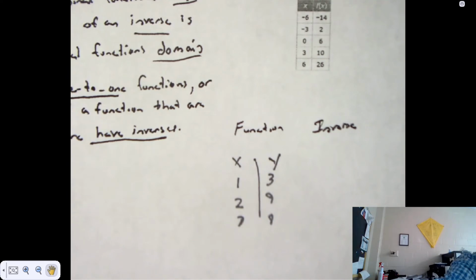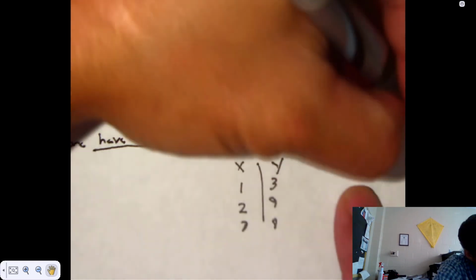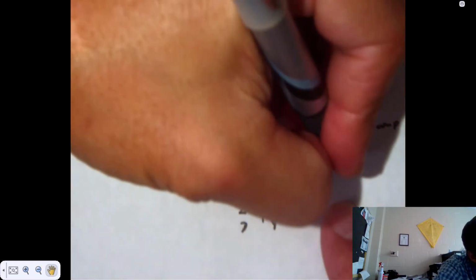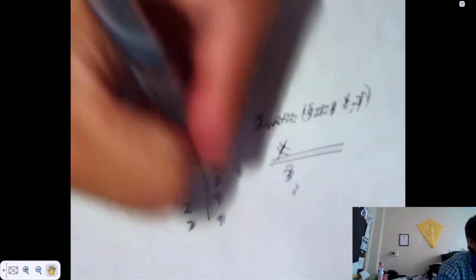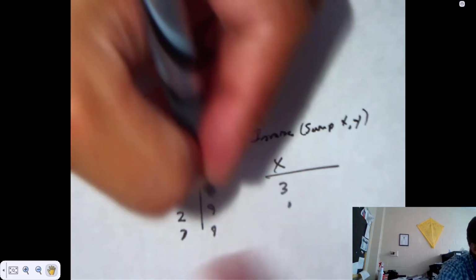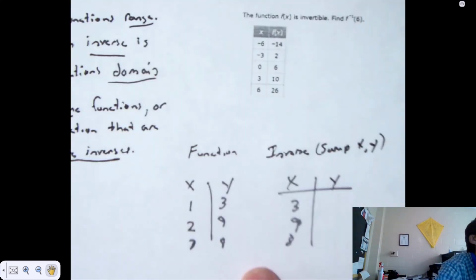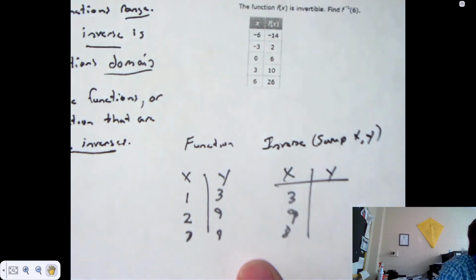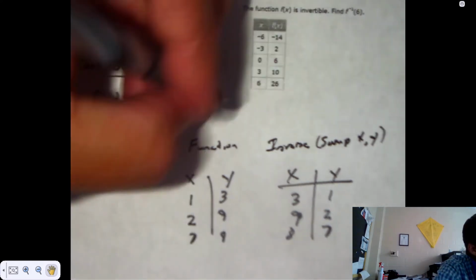What swaps? Swap x and y. So x becomes 3, 9, and 8. And y becomes 1, 2, and 7. That was easy enough, because this thing was 1-to-1.